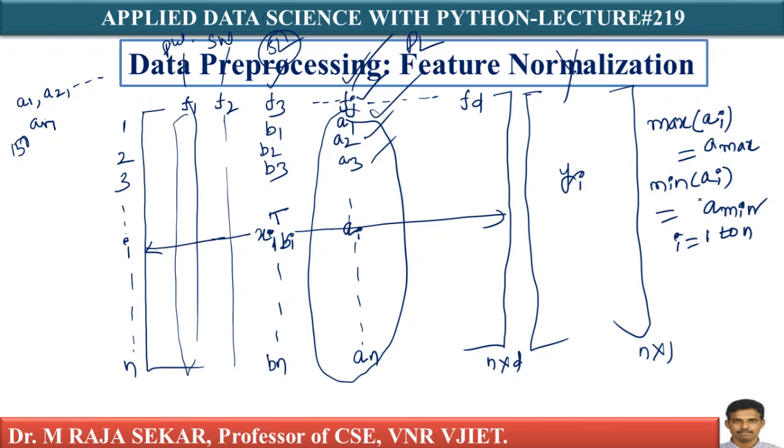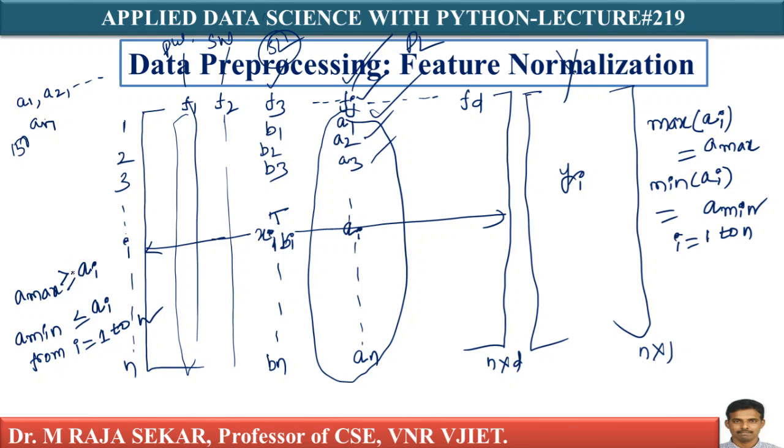Because A max is max of Ais, I can say A max is greater than or equal to Ai, isn't it? A max is greater than or equal to Ai. Even I can say A min is less than or equal to Ai, isn't it? From i equal to 1 to n, that must be the case.